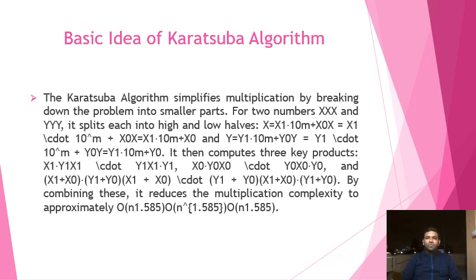For two numbers, x and y, it splits each into high and low halves. It then computes three key products, and by combining these, it reduces the multiplication complexity to approximately order of n to the power 1.585.